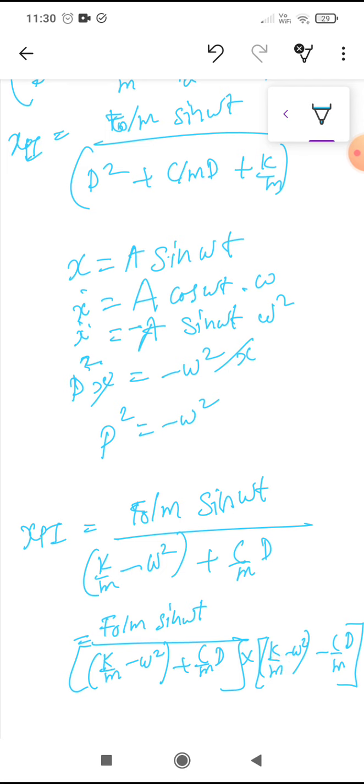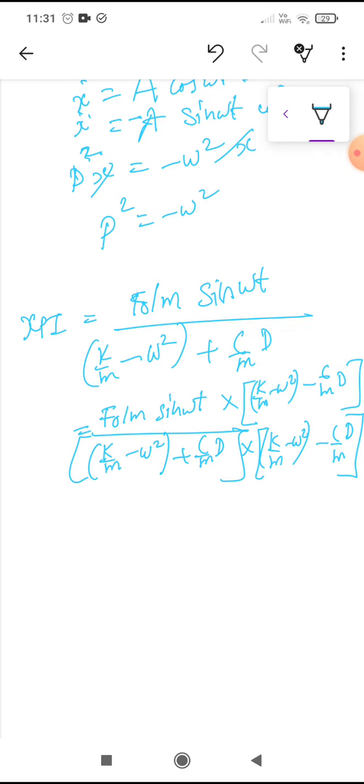If there are two brackets a plus b, a minus b, we know that it will be a square minus b square. As I multiply in the denominator, I have to multiply in the numerator also: k by m minus omega square minus c by m into D.